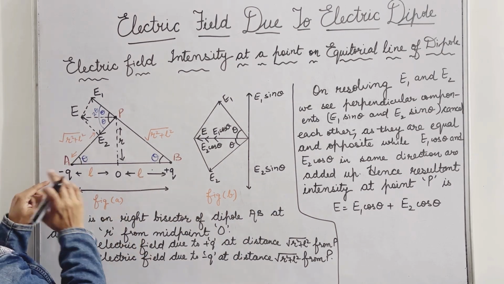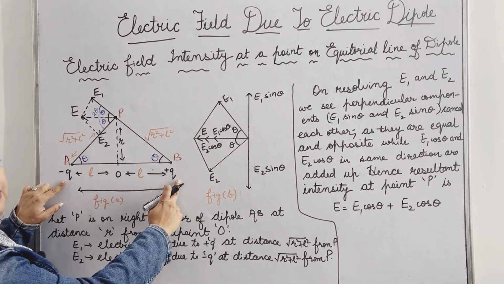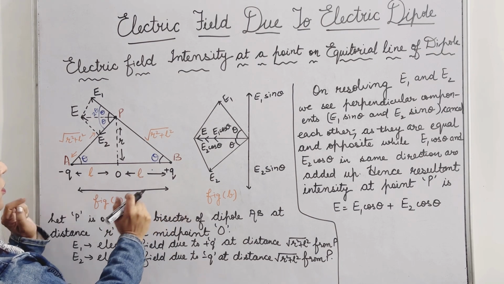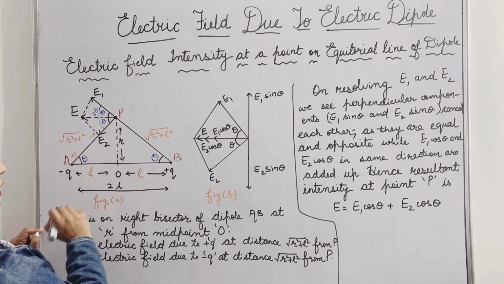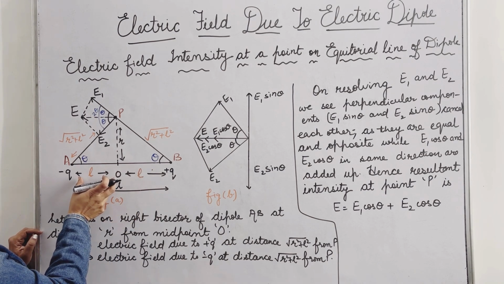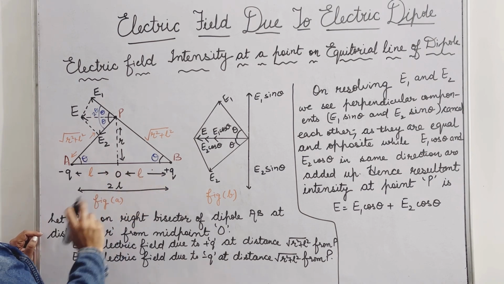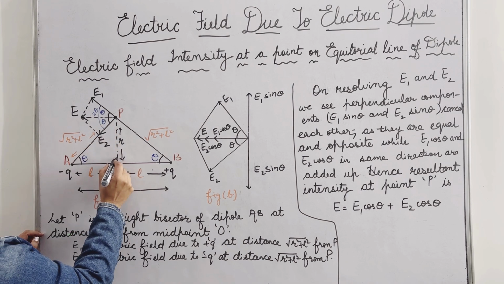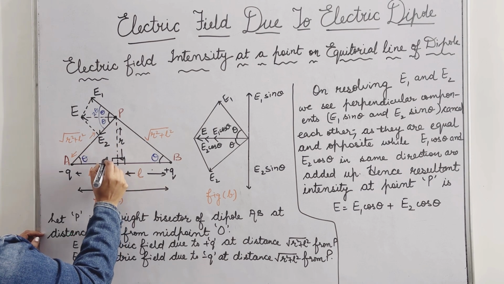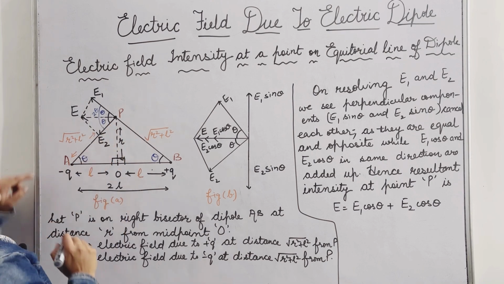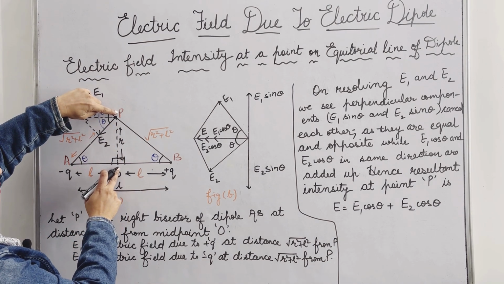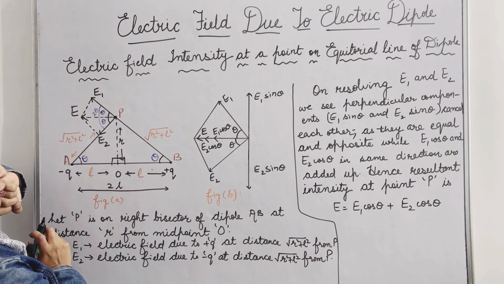Here we have minus q and plus q charges constituting the electric dipole, separated by distance 2l, and from the center each is at a distance l. O is the midpoint, and on this line, which is a right bisector at 90 degrees, we have a point P at a distance r from the midpoint of the dipole.